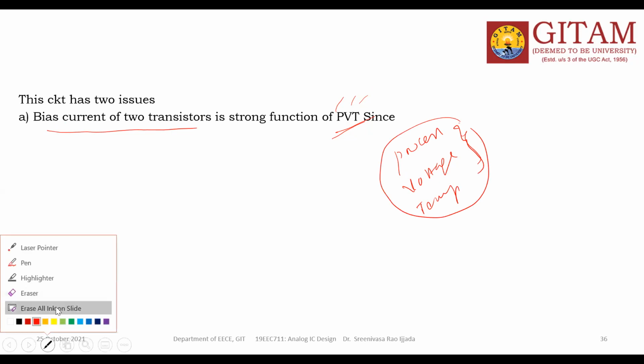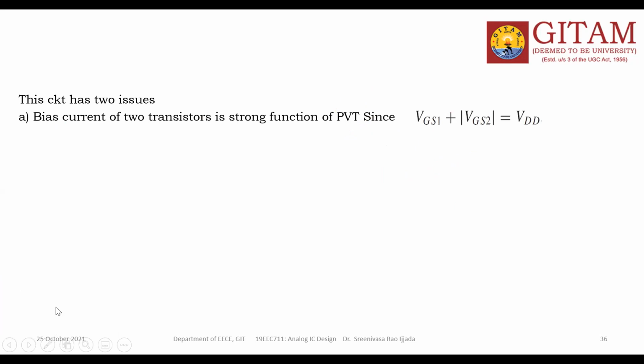See this equation: VDD is equal to the gate to source voltage of the M1 transistor plus the gate to source voltage of the M2 transistor. M2 is a PMOS and M1 is the NMOS.